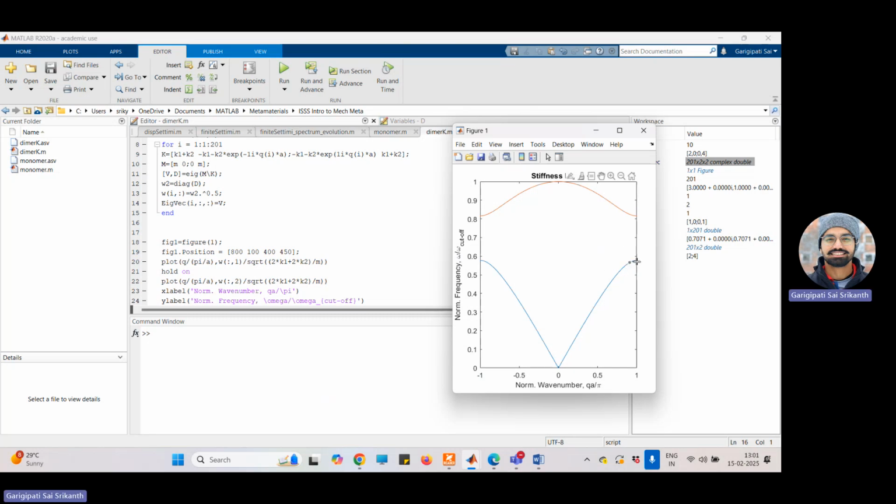In the pass band, the alpha value is pi by a, so it has to start from pi by a. And then we see that it even ends at pi by a using alpha continuity. So we can guess that this band gap will have an alpha value of pi by a.